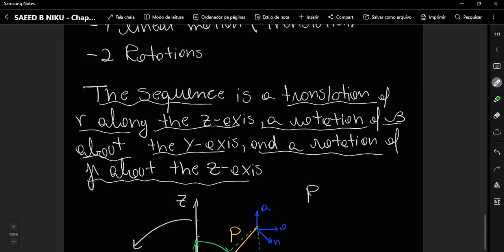So a rotation on the y-axis with some beta angle. And the last one is another rotation of gamma about the z-axis. So it's a rotation on the z-axis with some angle gamma.